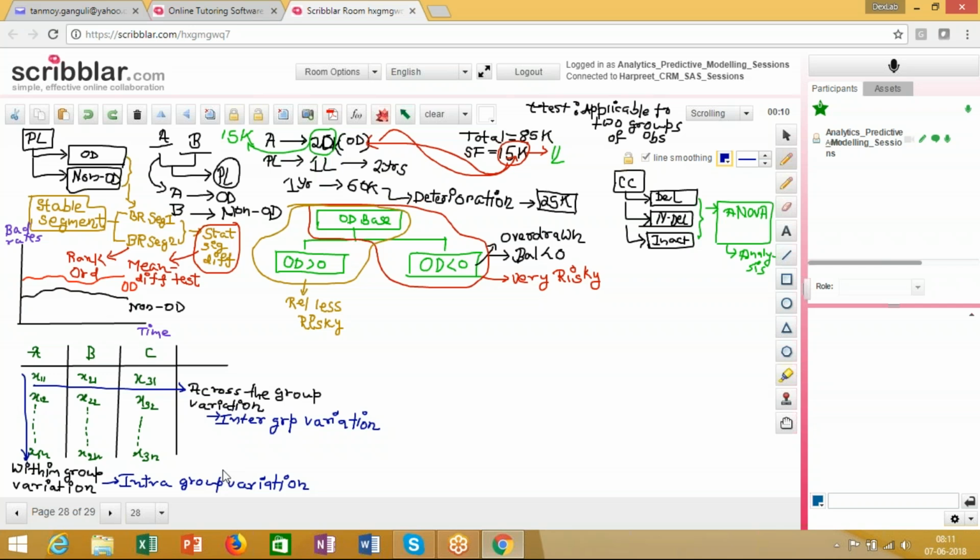It is also known as the explained variation.